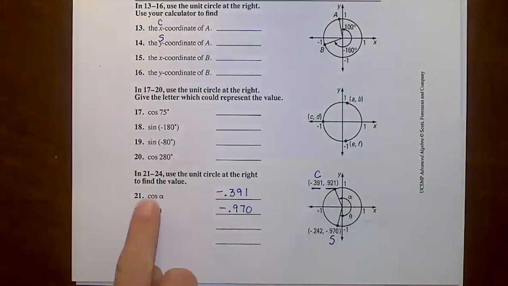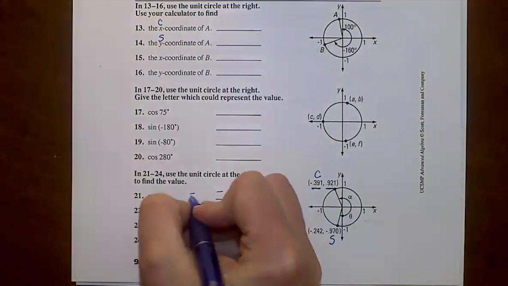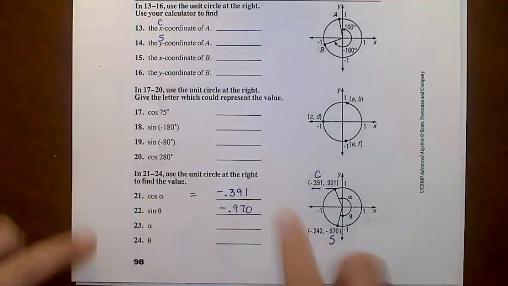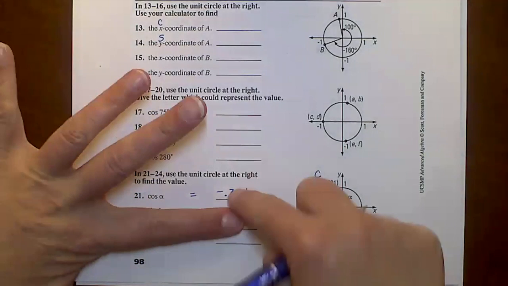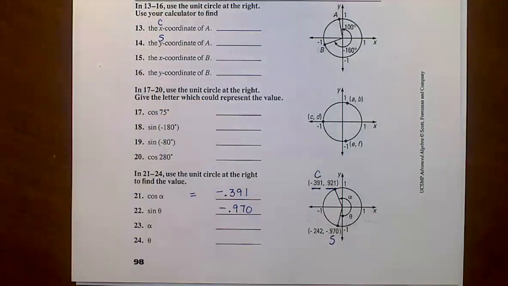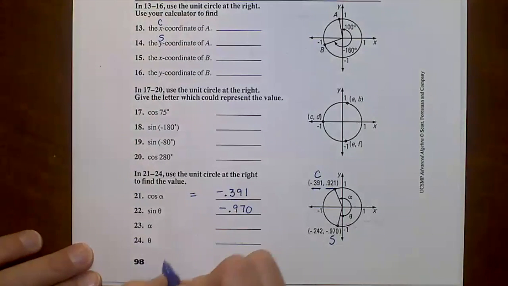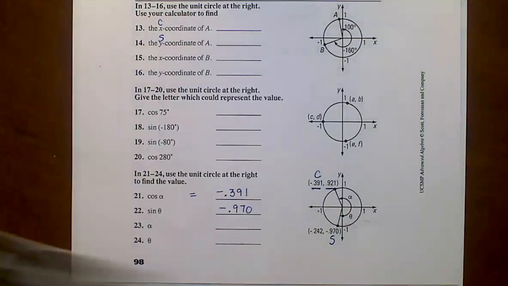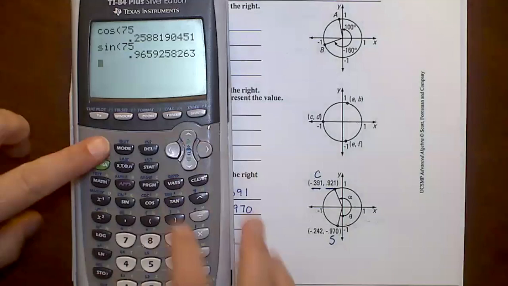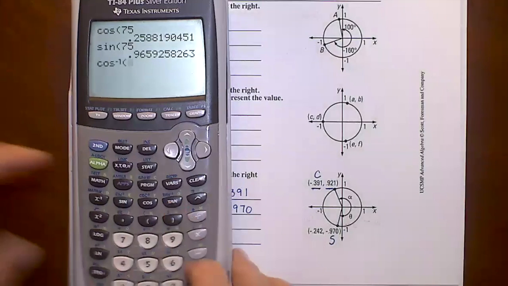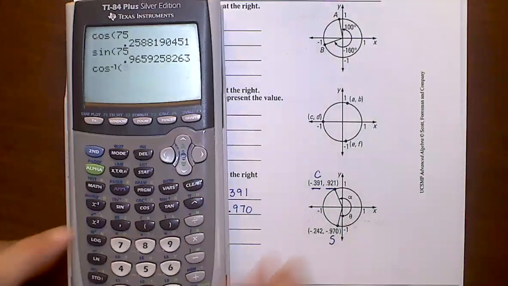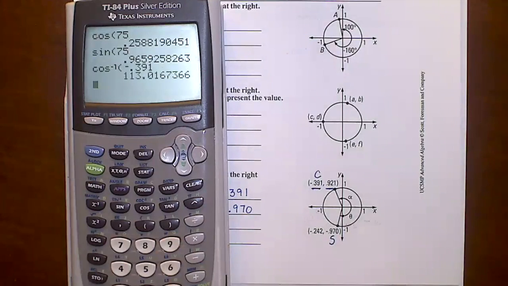If I tell you that cosine of alpha is equal to negative 0.391, what would you do to find the angle? The inverse, yep. So I could do the inverse cosine of negative 0.391, and that'll tell me what that angle measure is.